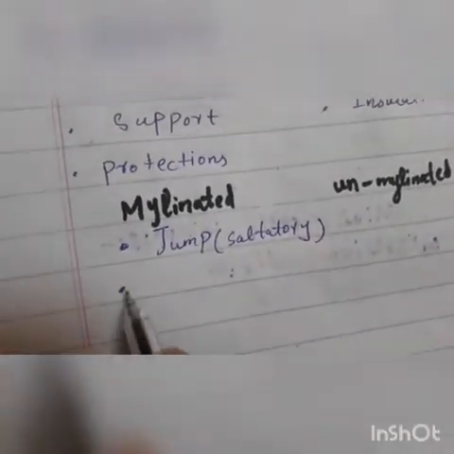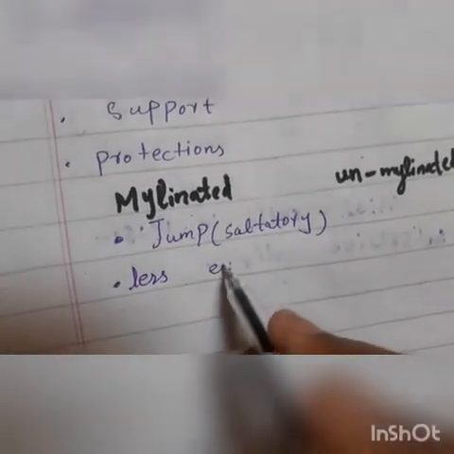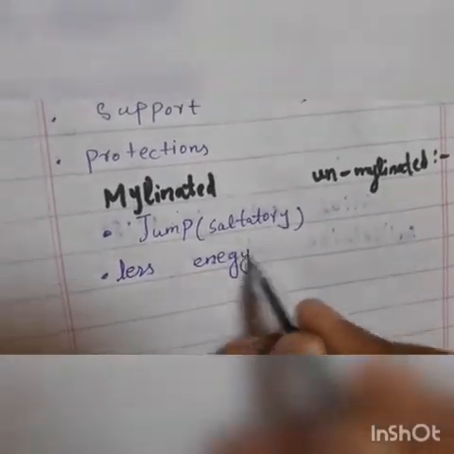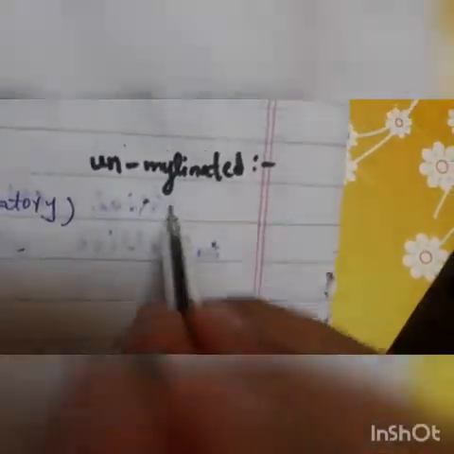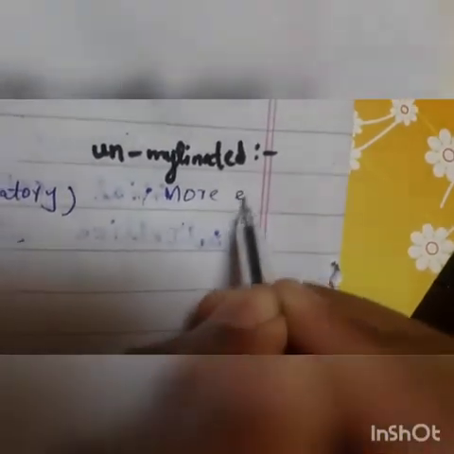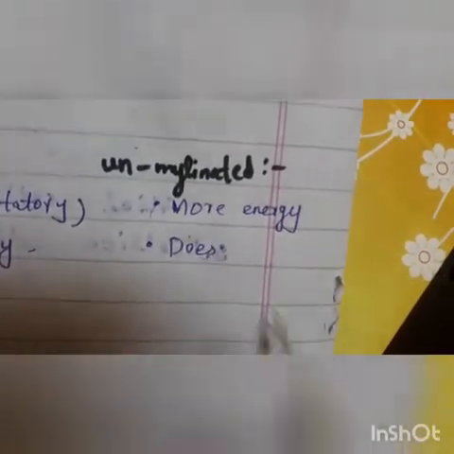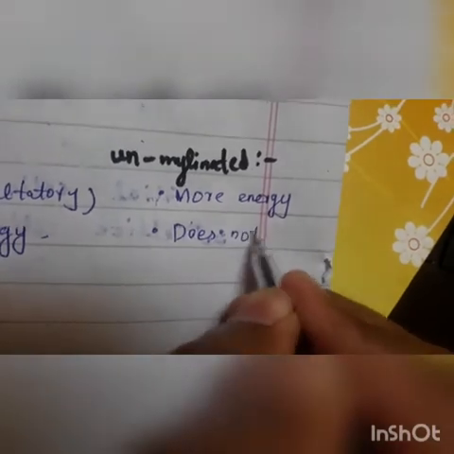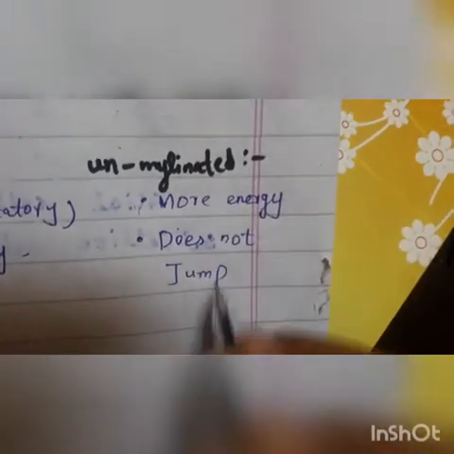The myelinated nerve impulse requires less energy compared to the unmyelinated impulse. An unmyelinated nerve impulse requires more energy and is continuous throughout the axon; it does not jump from one node to another.